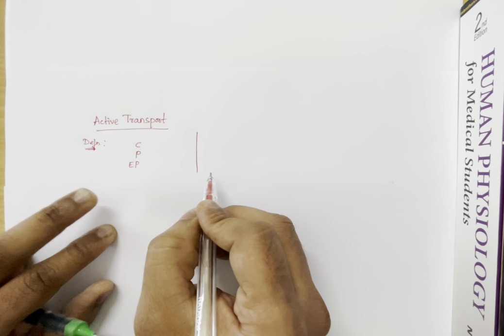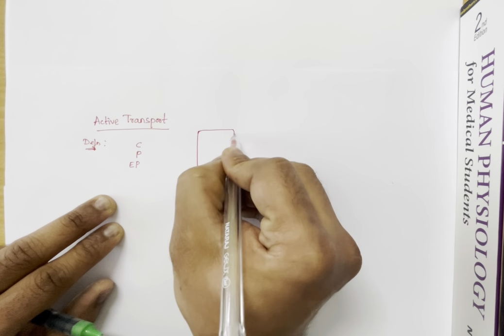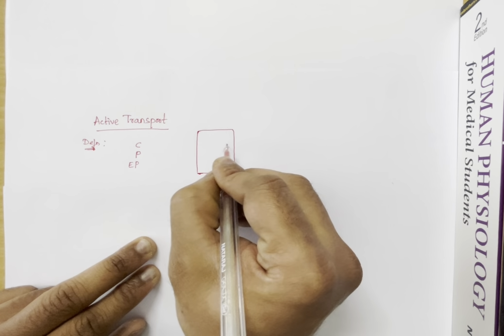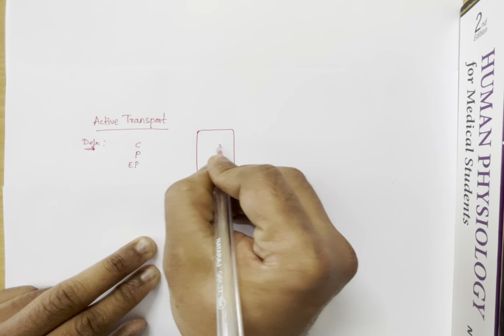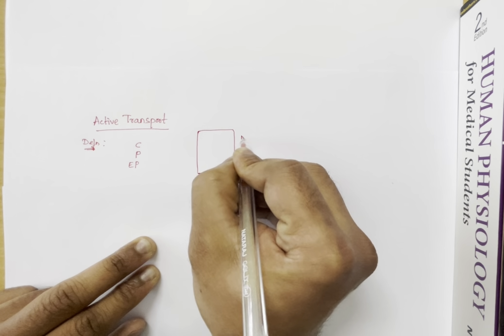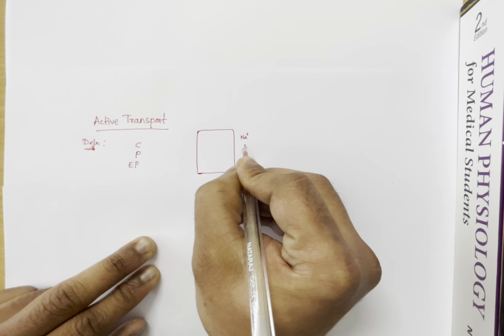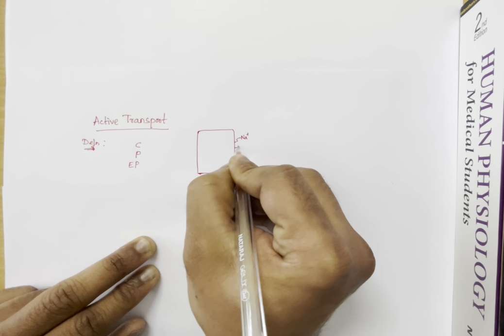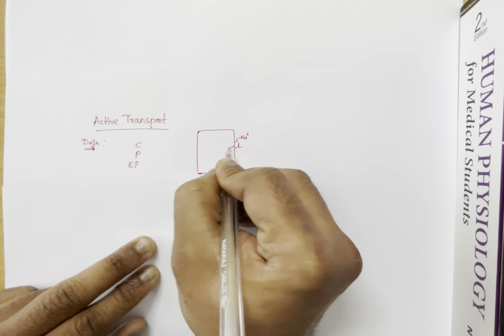Consider this is a cell membrane and consider this is a cell. Consider the sodium concentration usually should be very high outside, and because of stimulus, action potential generated, sodium would have entered into the cell.